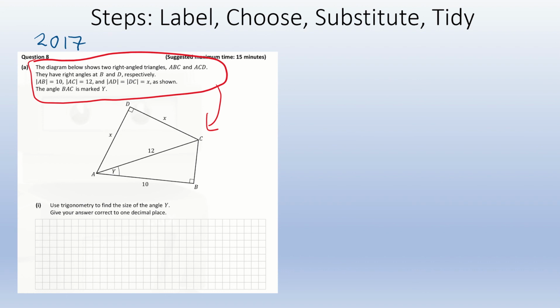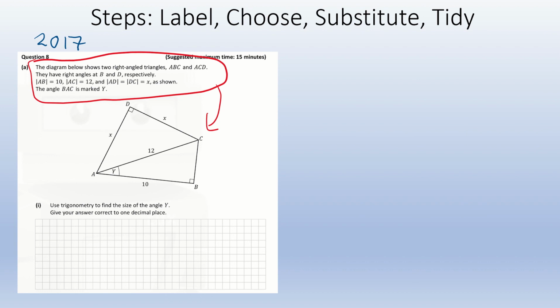So to find my angle y, you'll notice that angle y is part of this triangle here. So in this question I have 2 triangles, one on top of another. For the first part of my question I only need the bottom triangle to sort out what's going on.